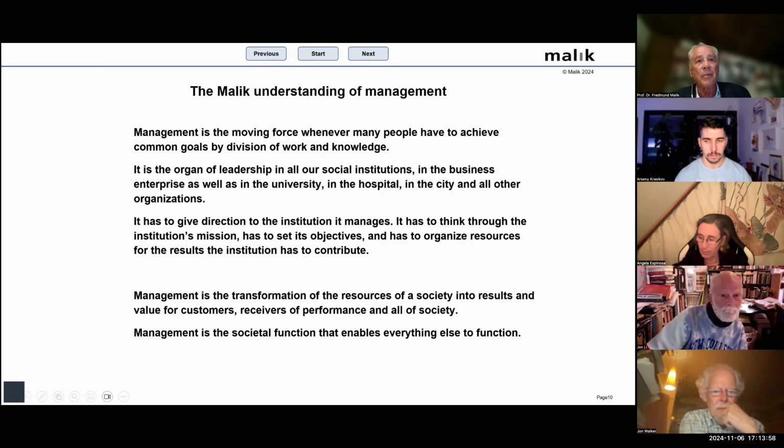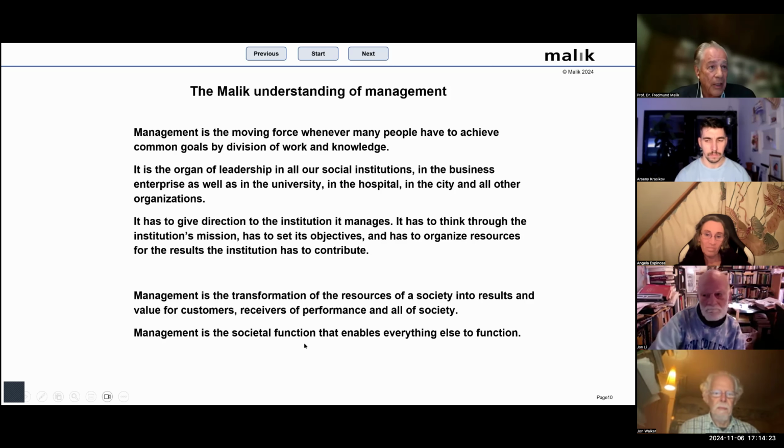It has to think through the institution's mission, has to set its objectives, and has to organize resources for the results the institution has to contribute. Management is the transformation of the resources of a society into results and value for customers, receivers of performance, and all of society. So management is the societal function that enables everything else to function.